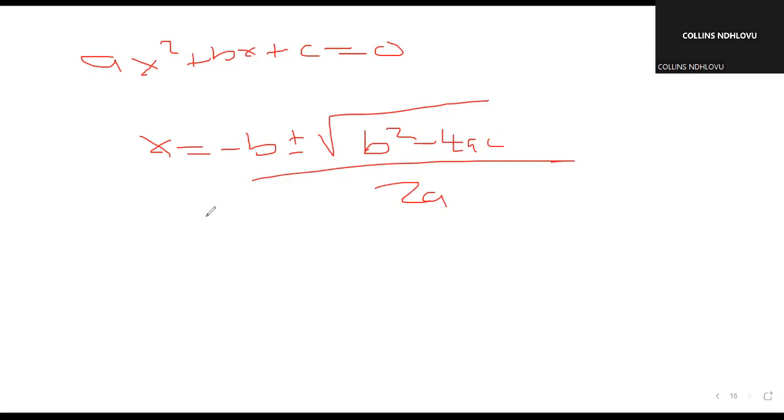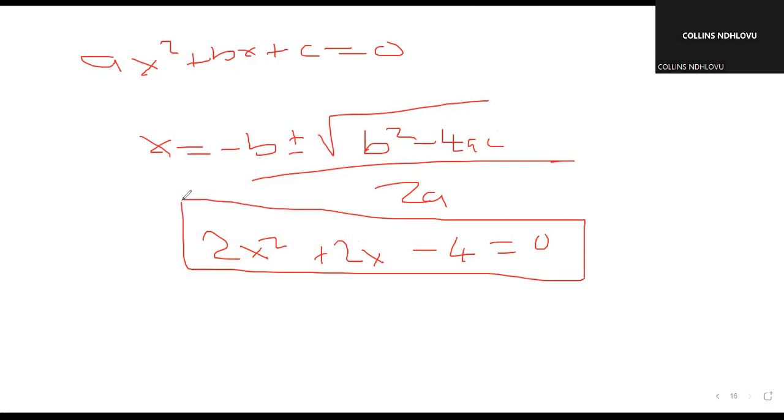So if you're given an equation like 2x squared plus 2x minus 4, which one is our a, which one is our b, and which one is our c? Our a, according to the format we're using, is the coefficient of x squared, which is 2.